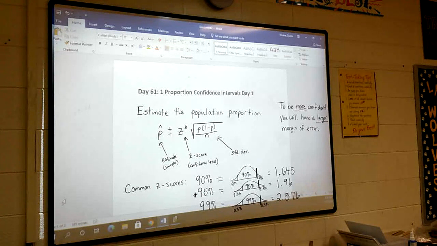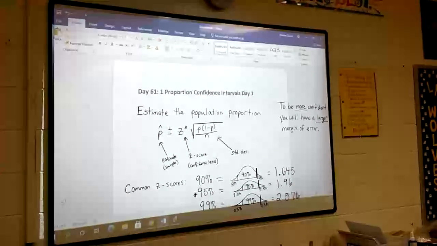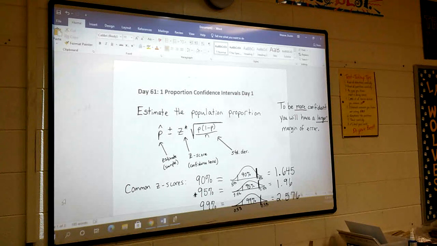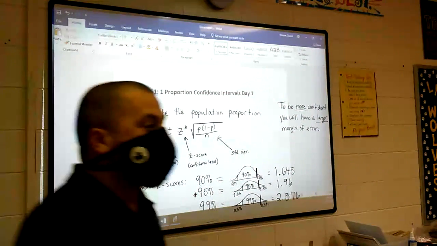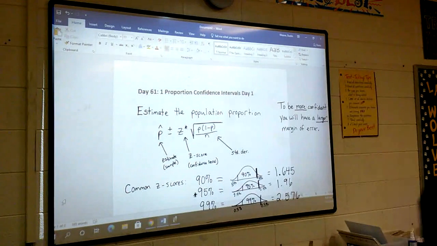The bigger the margin of error, that's how you get more confidence in it. But you also want your margin of error to be small. So it's both ways, right? You want your margin of error to be small because you want very accurate results, but you want to be very confident. And to be more confident requires a bigger margin of error. So you got to kind of meet in the middle.